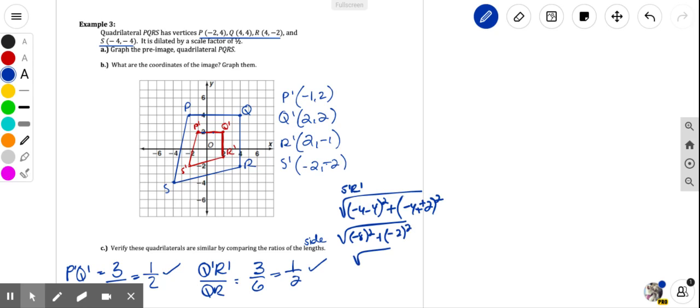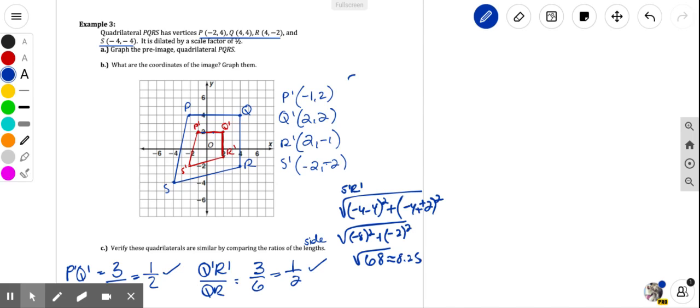So that's going to be the square root of 64 and 4, which is 68, which I am going to figure out the decimal for. Give me a second to grab my calculator. The square root of 68 is going to be a little bit over 8. 8.25, we'll say.